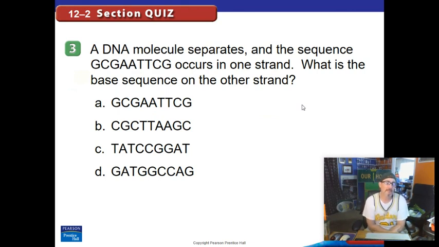Easiest way to base pair is to start at the beginning. If we have a GCG, that means it's going to be a CGC, and only one of the choices starts with CGC. Normally on a test, if you have 4 choices, I will have 2 that start out correct, and then one of them obviously will have a couple mistakes in it, and you would pick the one that doesn't have the mistakes in it.